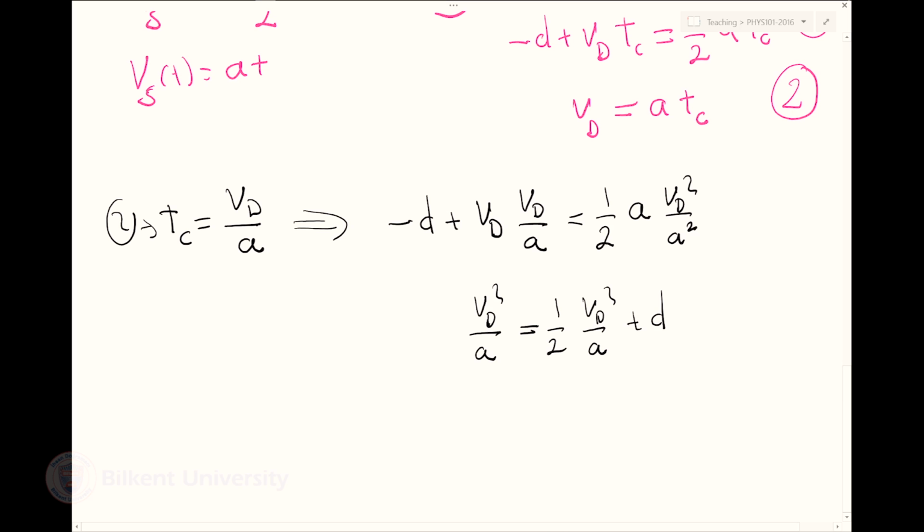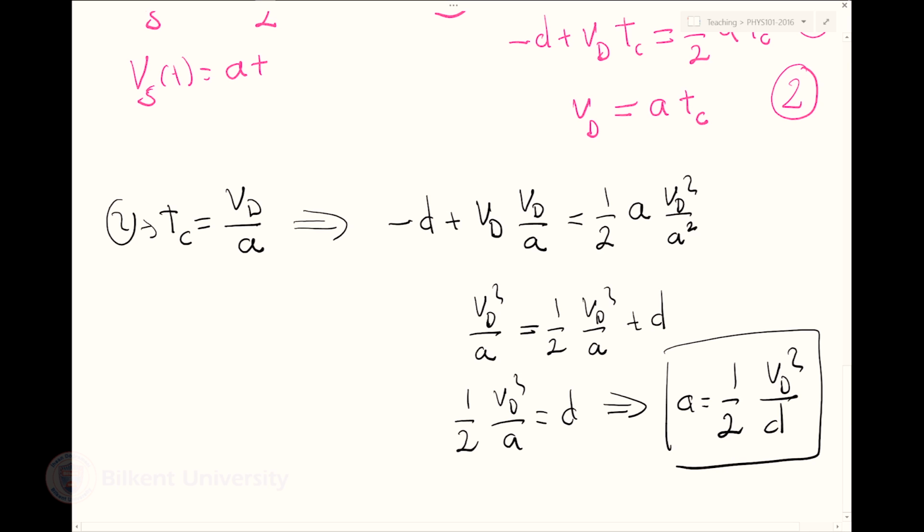So I'm trying to solve for A. First, let's take this first term on the right to the left. I'll have 1/2 VD square over A is D, or A is 1/2 VD square over D. Okay?